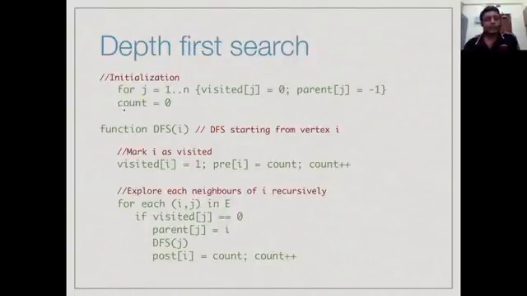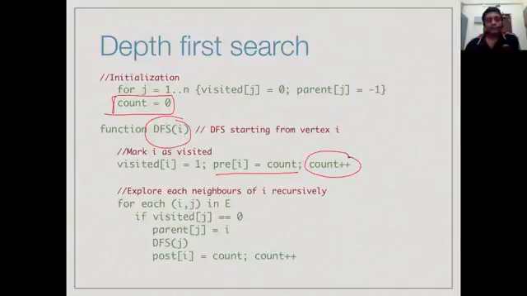So we start by initializing this counter to 0. Now whenever I invoke DFS of i, the first thing I do is assign the current counter value to something called the pre-number of i. So this is the number of the counter before the DFS of i actually started, and then I increment the counter.